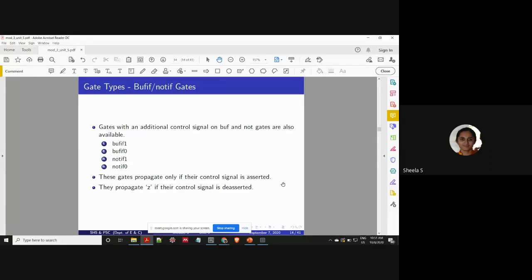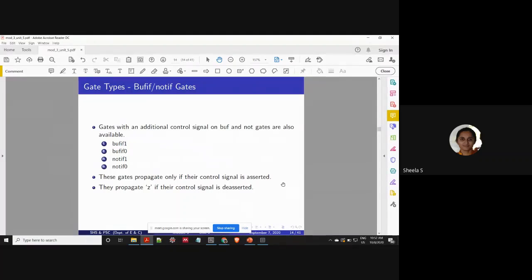Similarly for NOT gate also. We do not have that type of control in AND and OR gates, but we have the enabling and disabling facility for buffer and NOT gate.